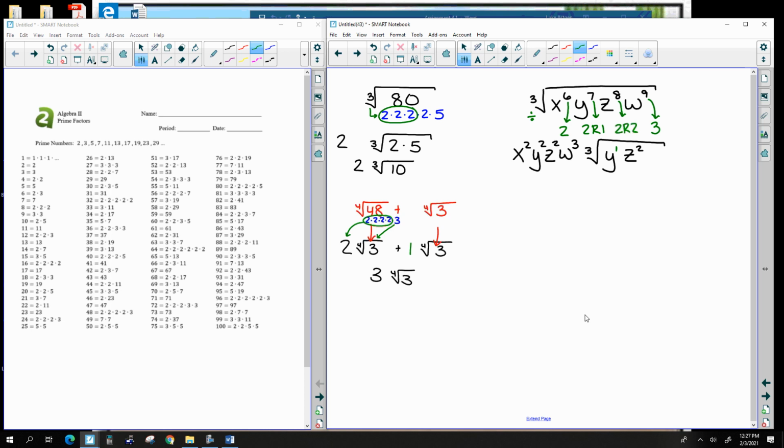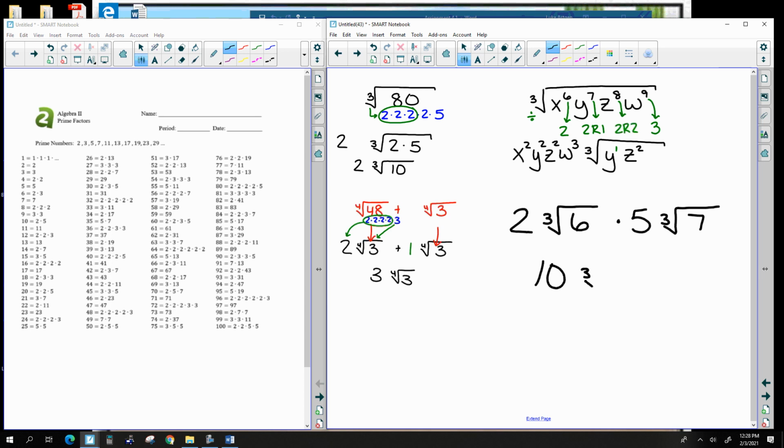And last but not least, the thing you need to take away from today is that in multiplication, roots multiply roots, numbers multiply numbers. So if I have 2 third root 6 times 5 third root 7, numbers multiply numbers, 2 times 5.